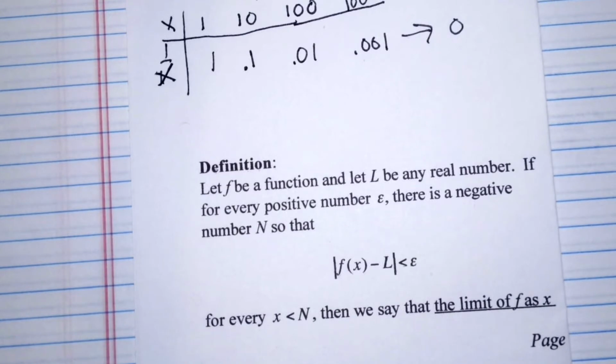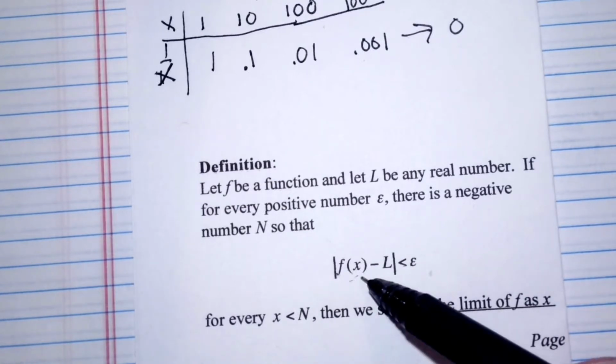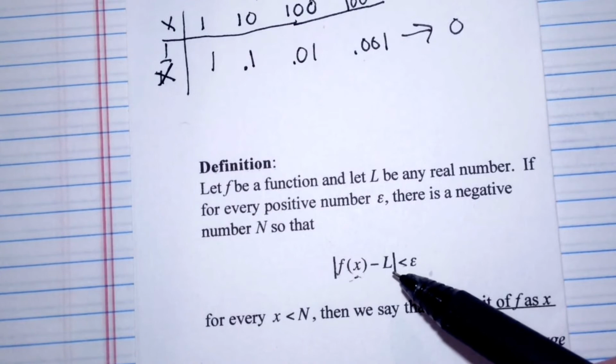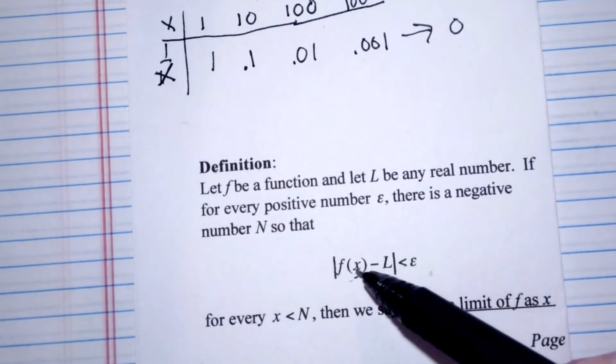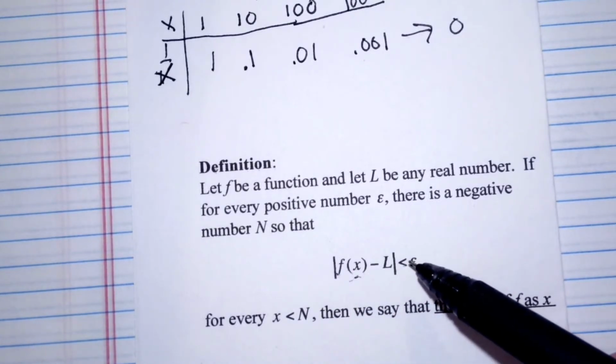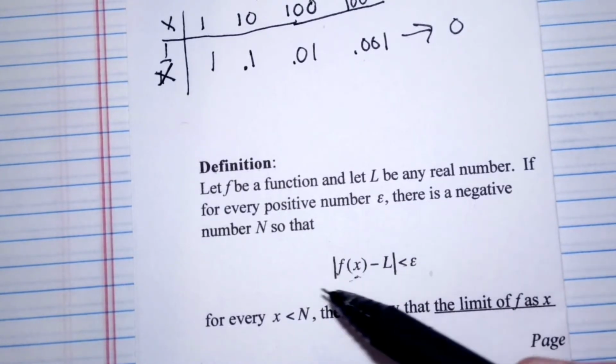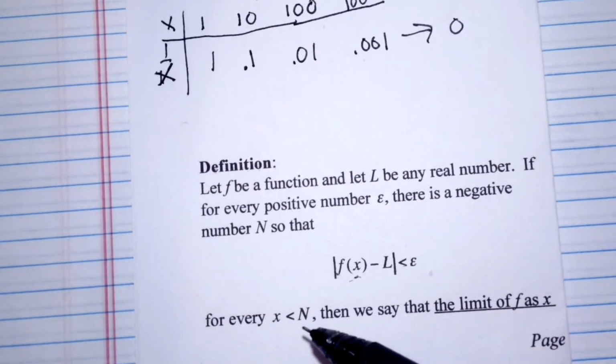If for every positive number epsilon there is a negative number n, standing for very negative number, so a number far out on the negative x-axis, far to the left on the negative x-axis, the vertical distance between the graph of f of x and this horizontal line y equals L can be made smaller than epsilon, for every x to the left of n.